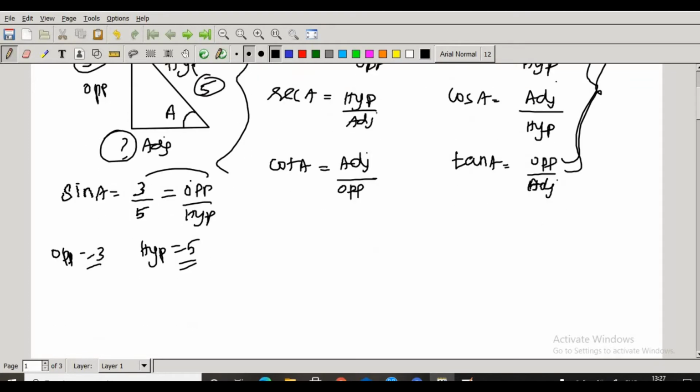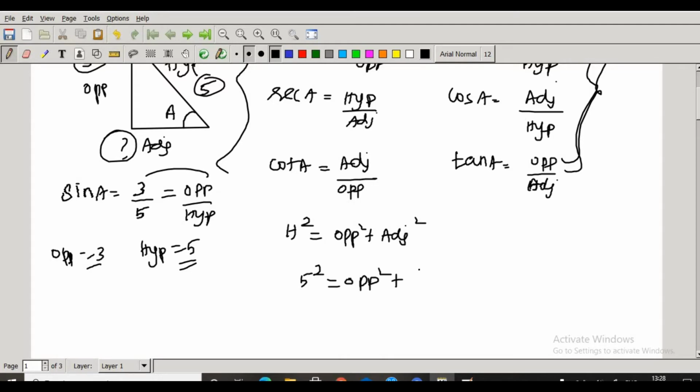Now I'm going to tell you the trick to find the value of adjacent. In a right angle triangle we can use the Pythagoras theorem. The Pythagoras theorem states that hypotenuse square is equal to opposite square plus adjacent square. So hypotenuse square, which is 5 square, is equal to opposite square plus adjacent square.